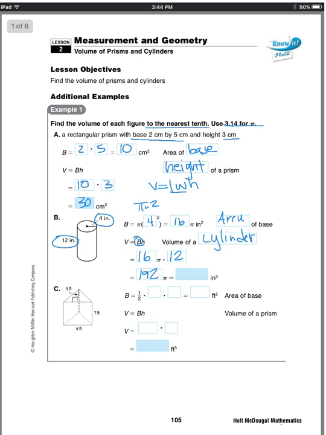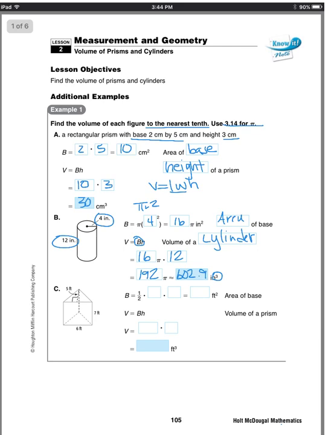We have to multiply 192 by 3.14, and we get 602.9 inches cubed. Remember, your volume is cubed because you are finding the area of the base times the height, so you're multiplying 3 different units.